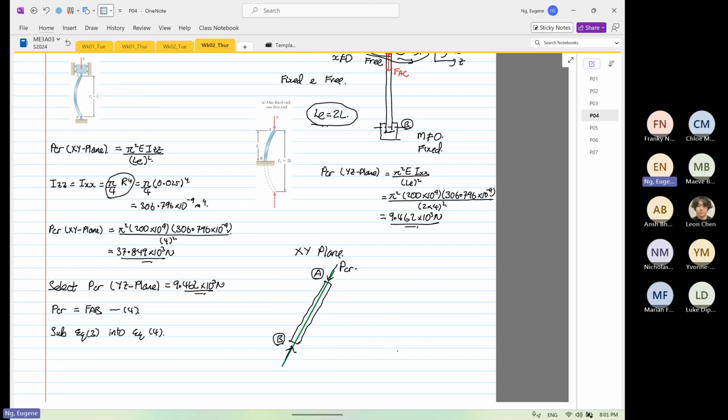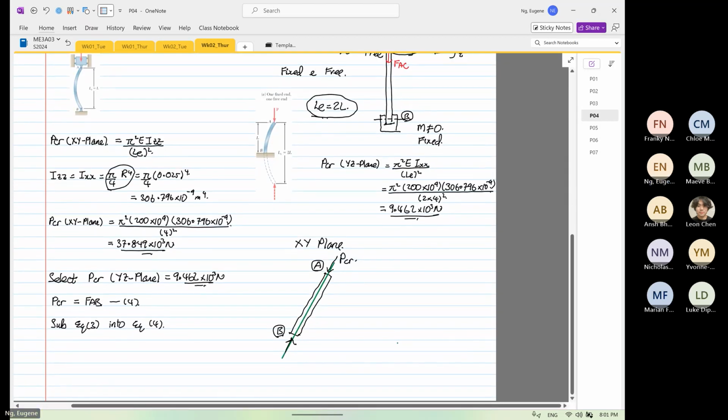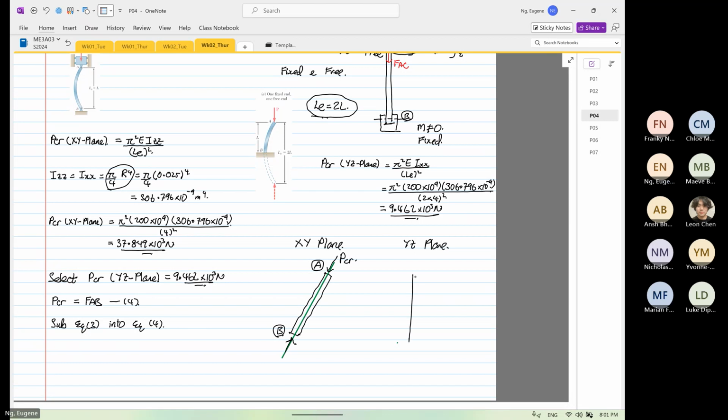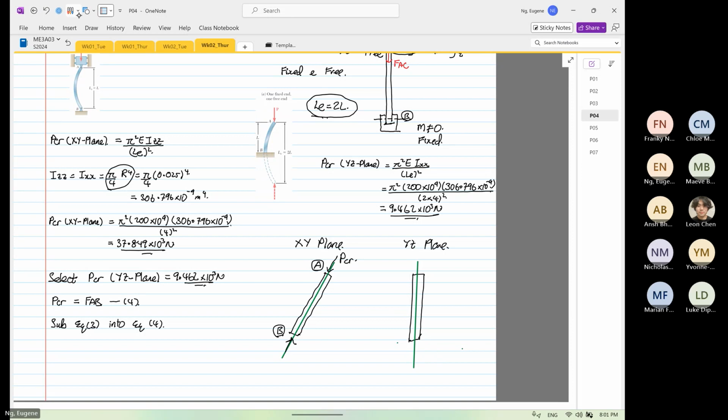And then if we're going to view it in the YZ plane, this is also our PCR. And this is also our PCR.